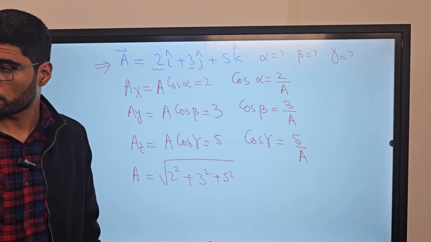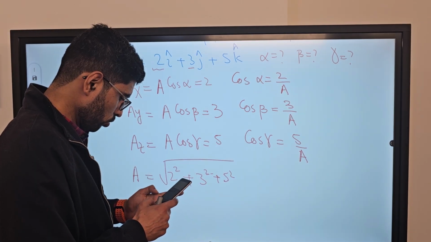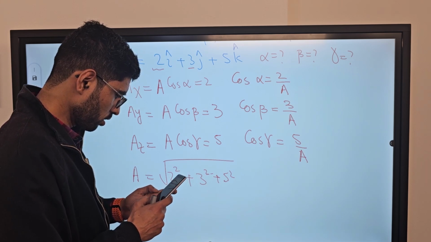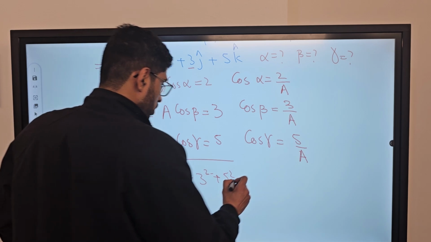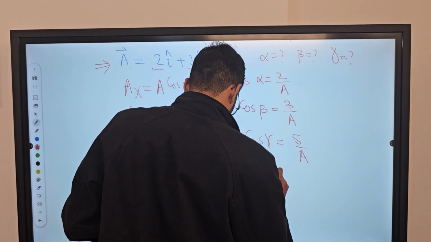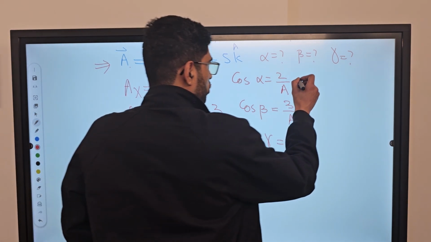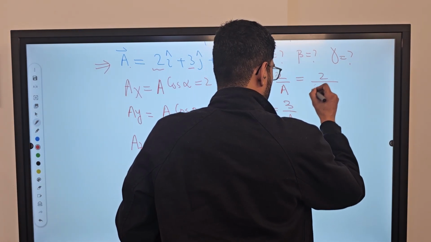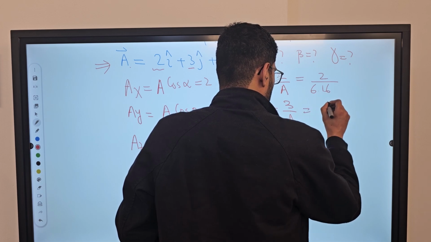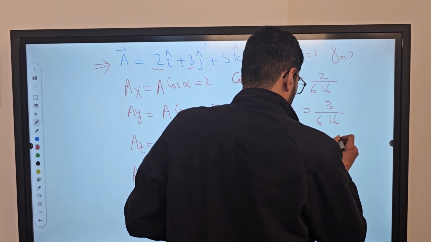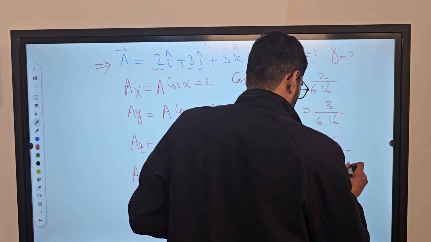So this will give us a magnitude. 2 square plus 3 square plus 5 square gives me 6.16. So this magnitude is equal to 6.16, right? Plugging this value in, this will be 2 divided by 6.16, 3 divided by 6.16, and 5 divided by 6.16.